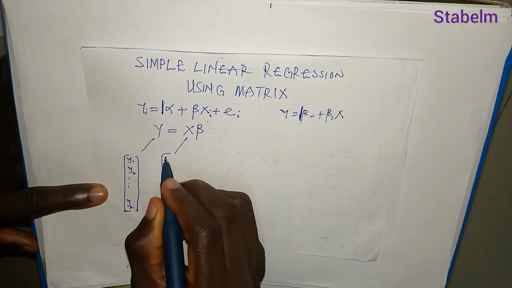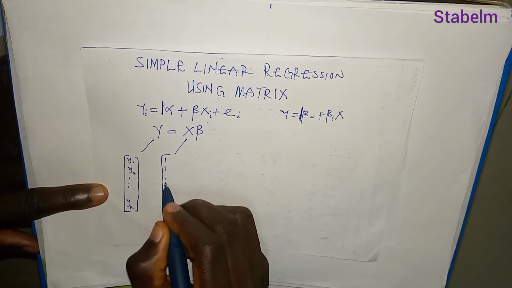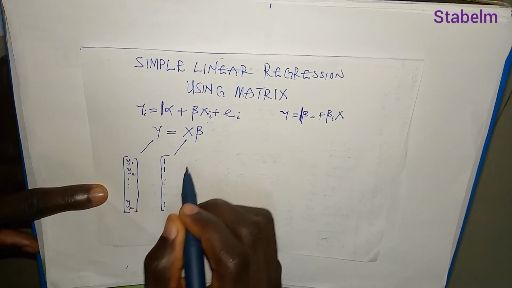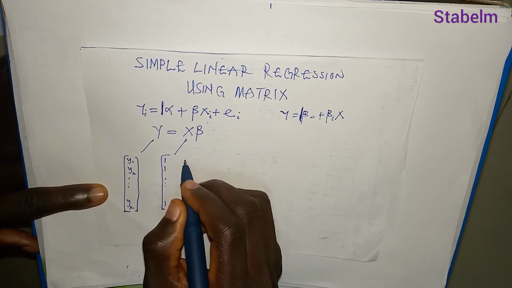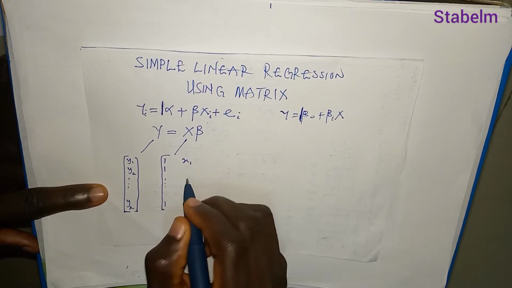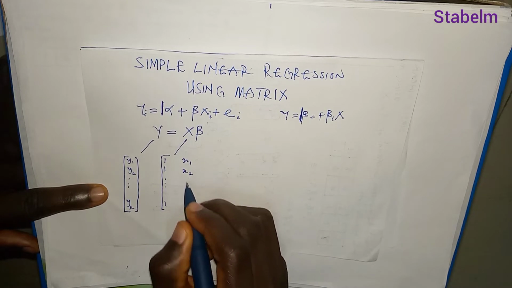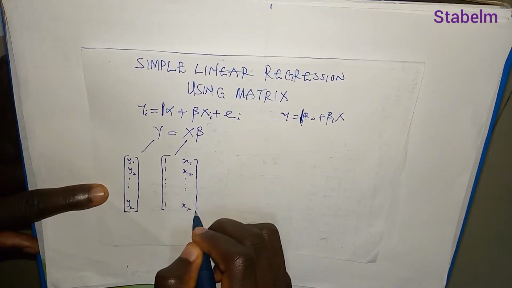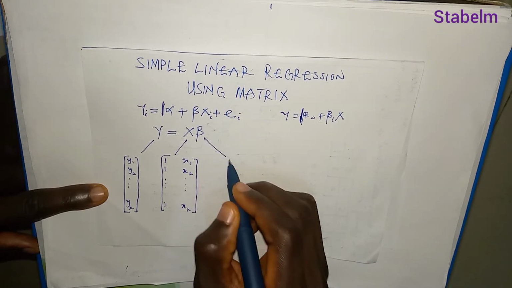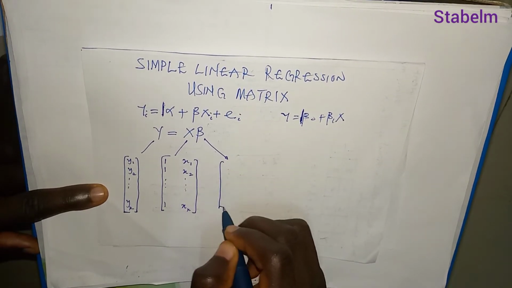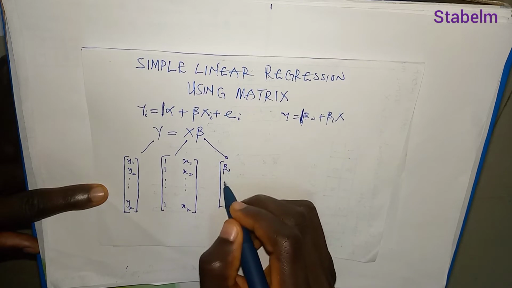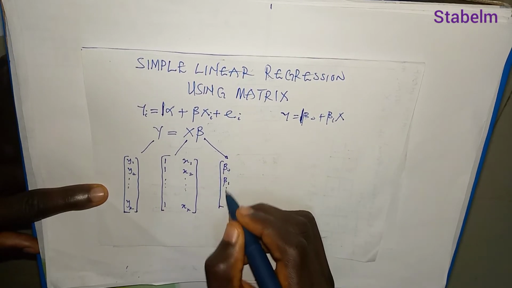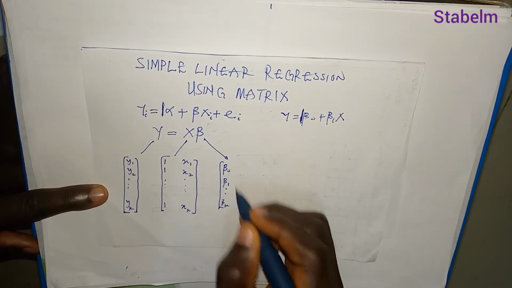So therefore we have the matrix to be 1, 1, dot dot dot, so it's still 1. Then for the x part, we have x1, x2, dot dot dot, xk. Then for the beta, we have beta naught, beta 1, dot dot dot, beta k.